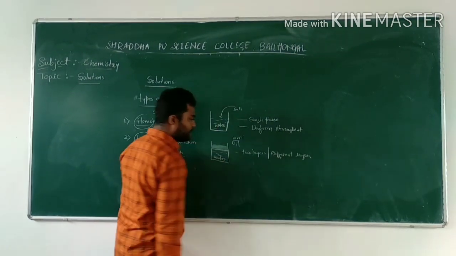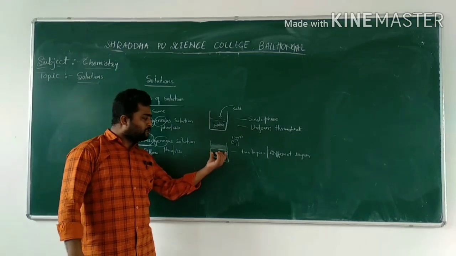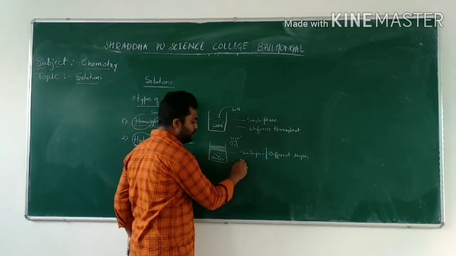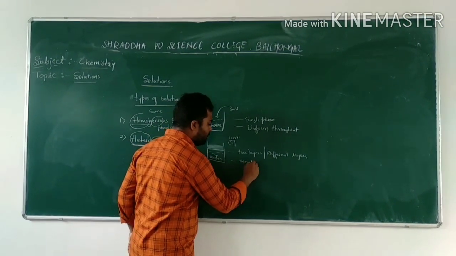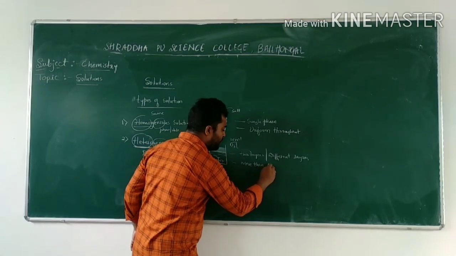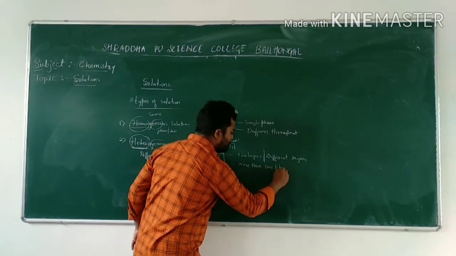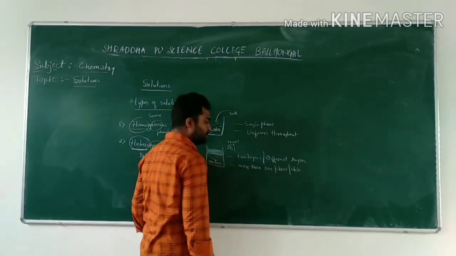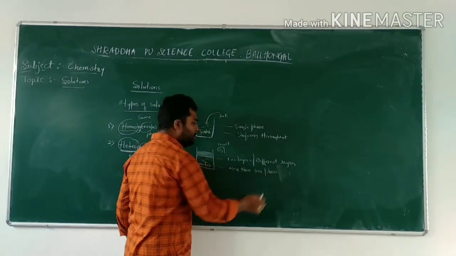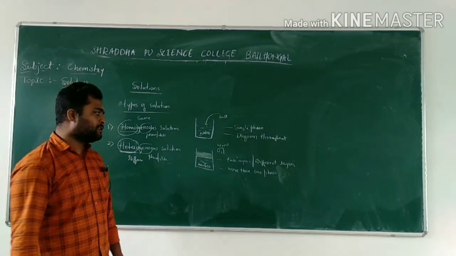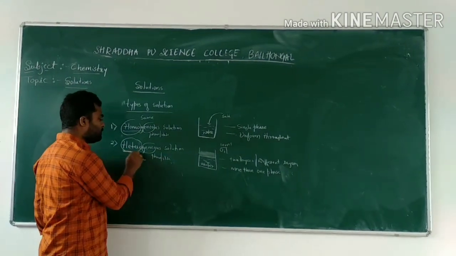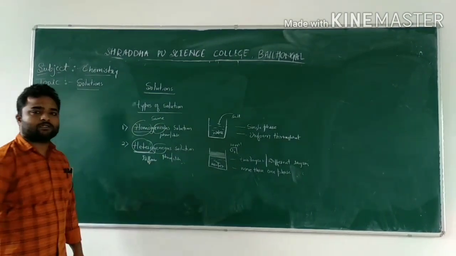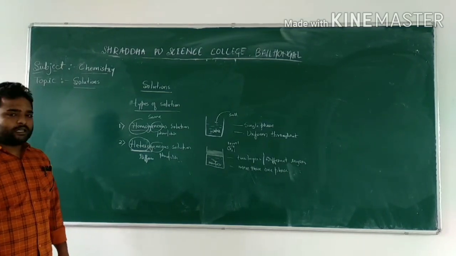So in such a case, where there is more than one phase, or more than one state, I will consider it as phase only, such types of solutions are called heterogeneous solutions.